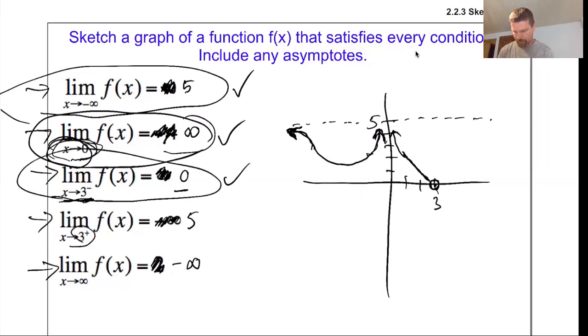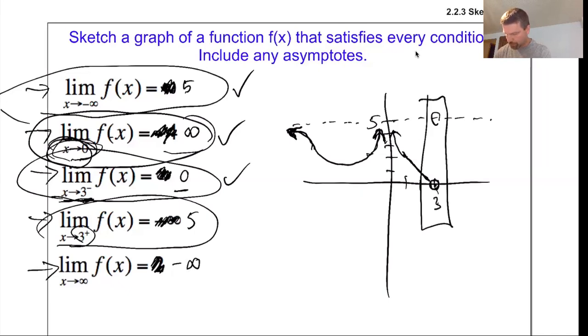From the right side, I'm approaching 5. Okay, so here's 3 again, that spot right there. I'm approaching 5 from the right side. So I'm going to put a little hole there. Now, again, these are limits, so it didn't tell me what happened right at 3. You can feel free to put in whatever you want.